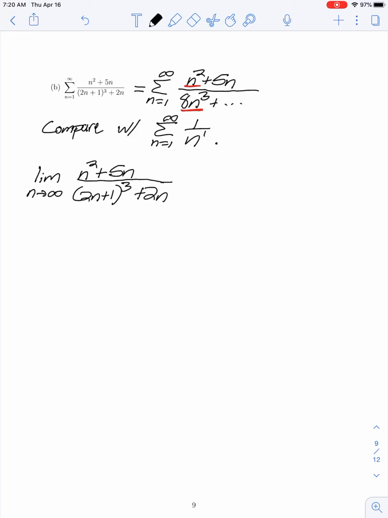And then we divide by 1 over n to the first, or equivalently multiply by its reciprocal, n to the first over 1, which gives us a limit as n approaches infinity, multiplying the n to the first through to the numerator, of n cubed plus 5n squared all over.